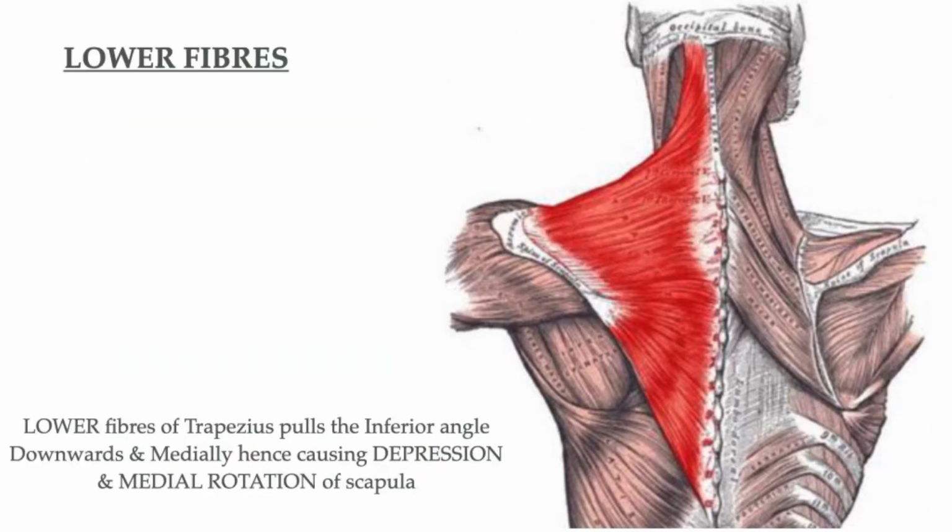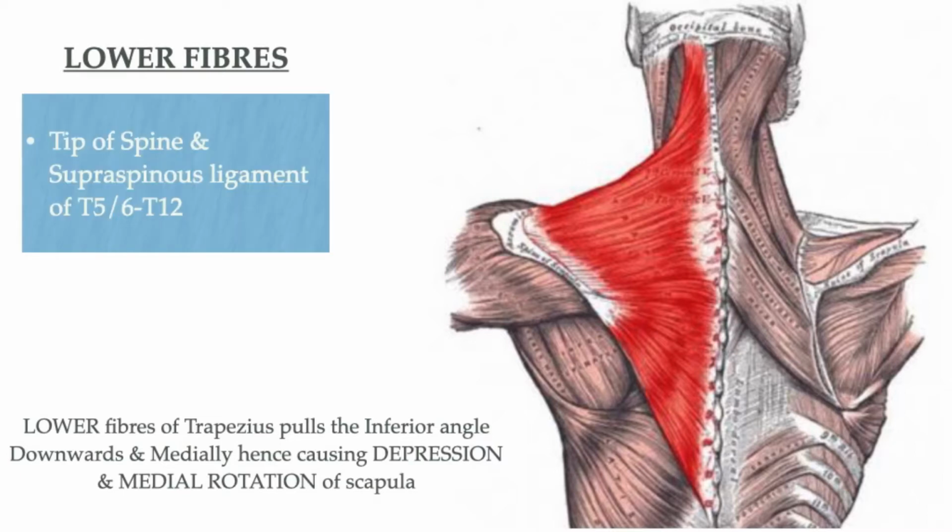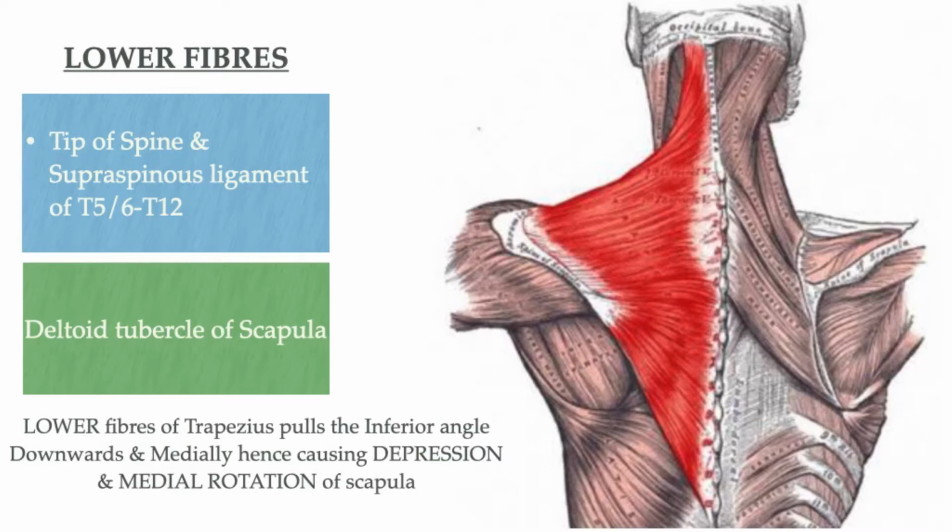Talking about the lower fibers, the third fact which we need to remember is that the lower fibers originate at a lower level and insert at a higher level. We know that the lower fibers originate from the tip of the spinous process and supraspinous ligament of the lower thoracic vertebrae, and they insert over the deltoid tubercle present over the crest of the spine of scapula.